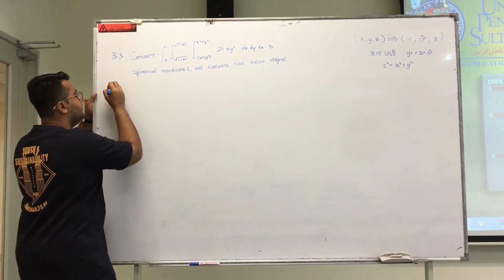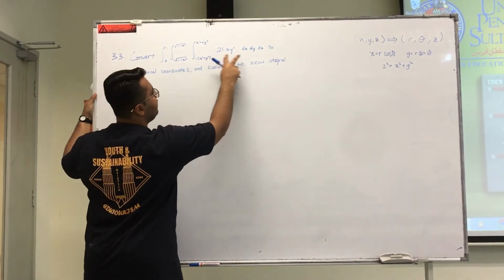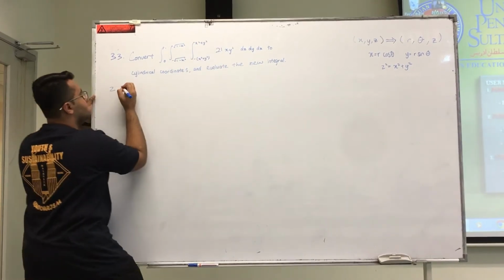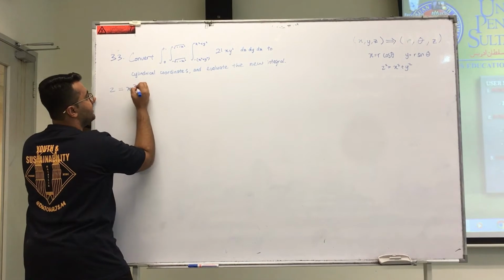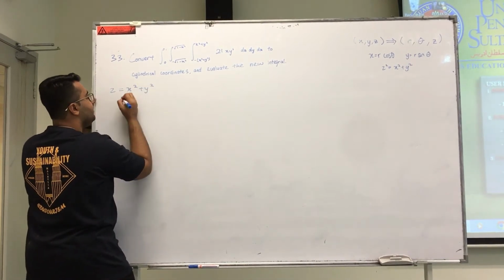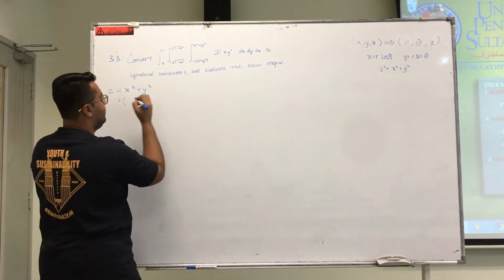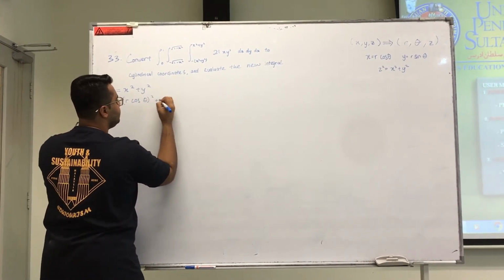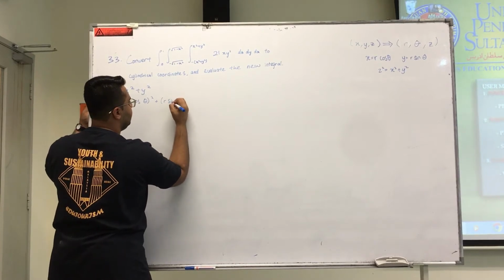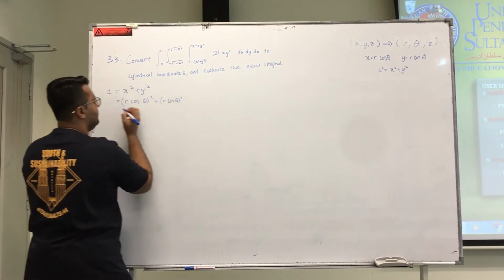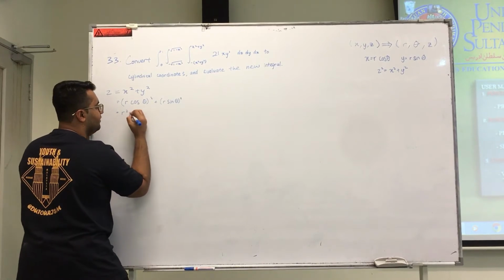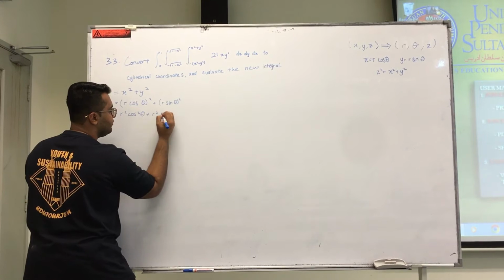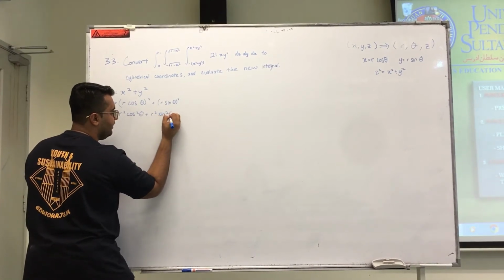So first of all, z, as this integral is with respect to dz, so this will be equivalent to x squared plus y squared. X, as we can see there, is r cos theta squared plus r sin theta squared. We open the bracket: r squared cos squared theta plus r squared sin squared theta.